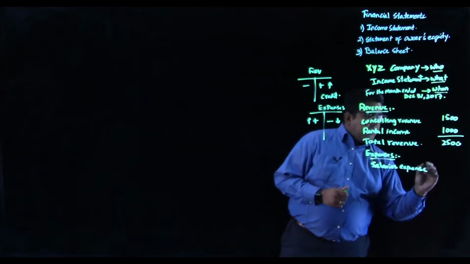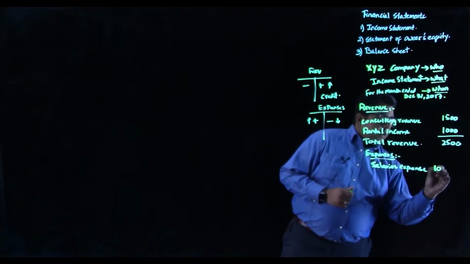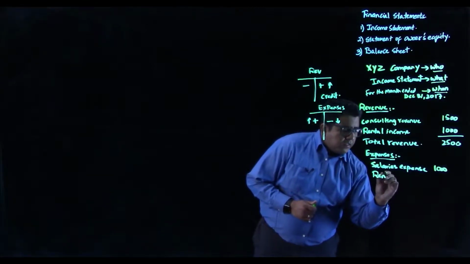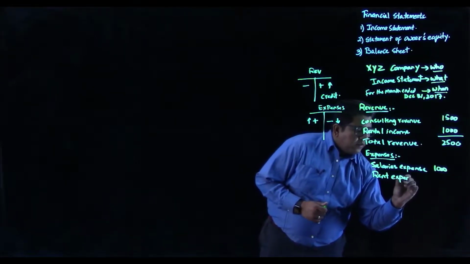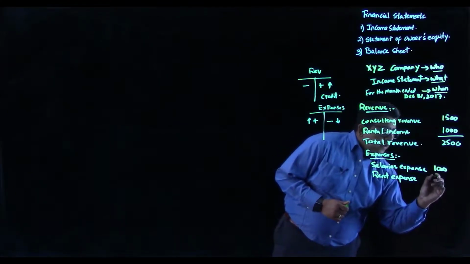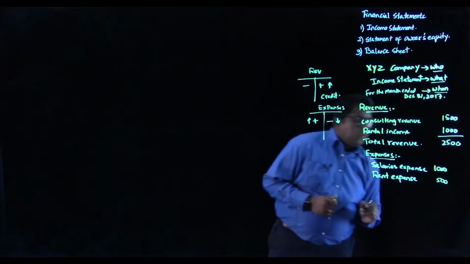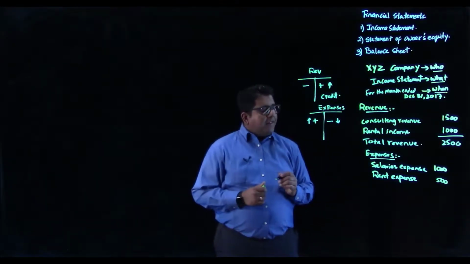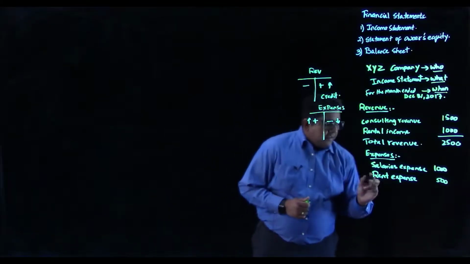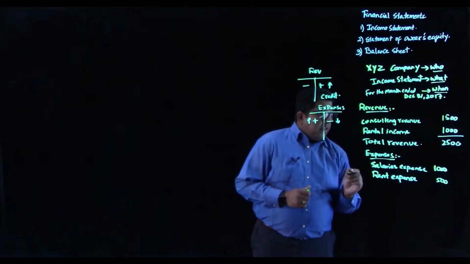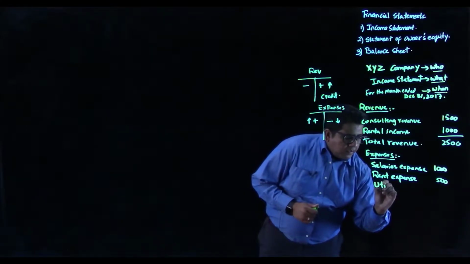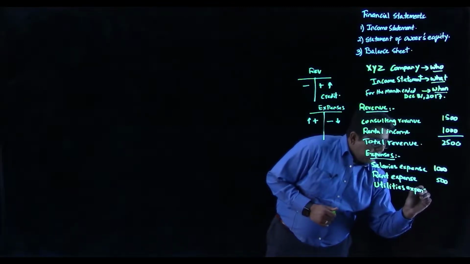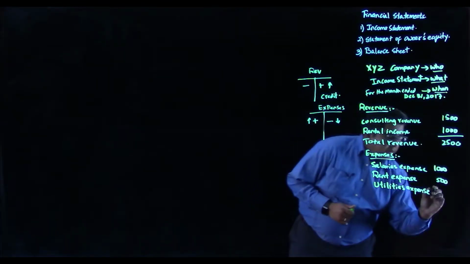So your salaries expense was 1,000. Your rent expense, the rent that you paid, was 500. You were living on sharing, for example, and you paid 500 rent. You had another expense, utilities expense, that you had to pay, 500.